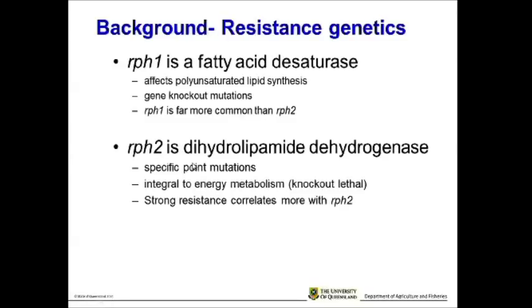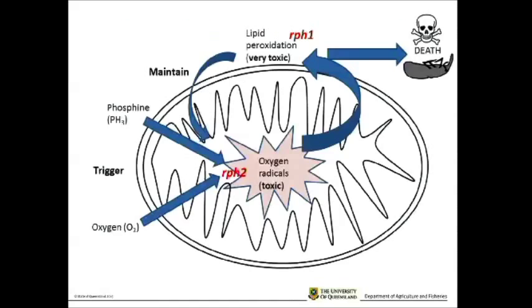Being so centrally important, any mutation that knocks out gene function is lethal. And so that won't do. And so there's very specific point mutations in this gene that are required to achieve resistance. Since RPH1 is ubiquitous, when we go to monitor the spread of strong resistance, we just have to monitor those few resistance alleles in RPH2.